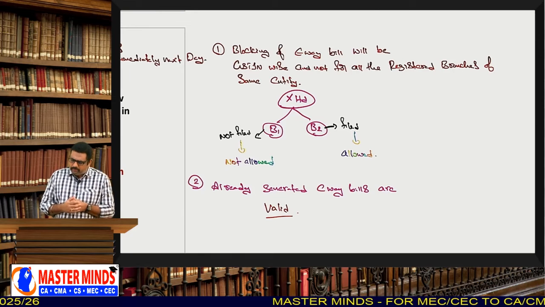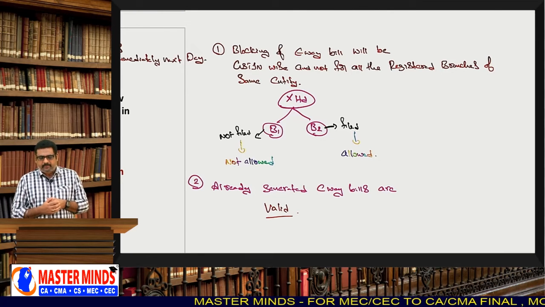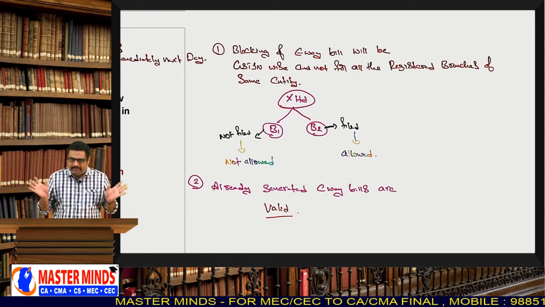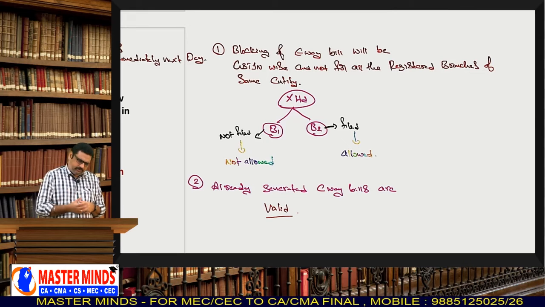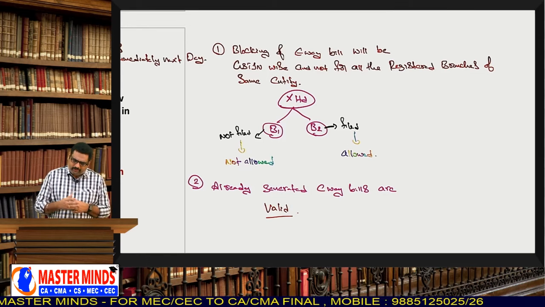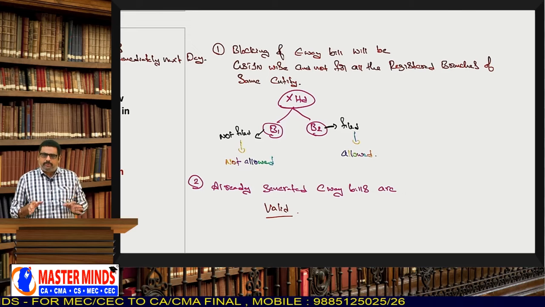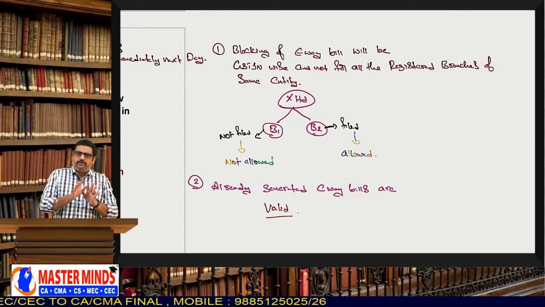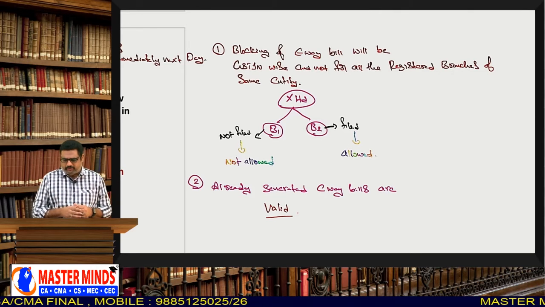The answer is, already generated EWAY Bills are valid. Whatever EWAY Bills were generated, whatever goods are in transit, all those EWAY Bills are valid up to the destination. Understood?